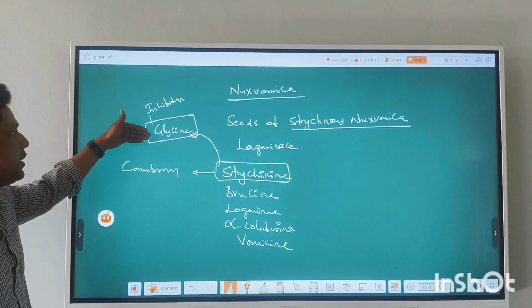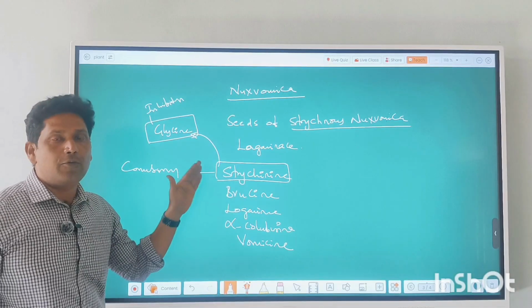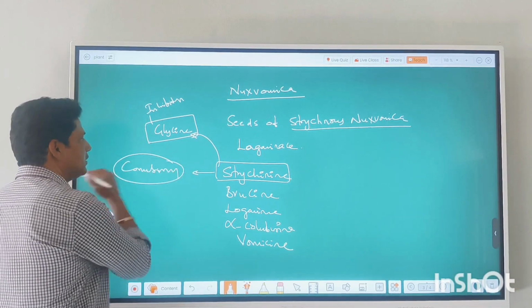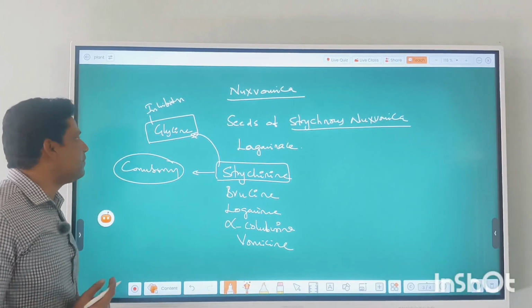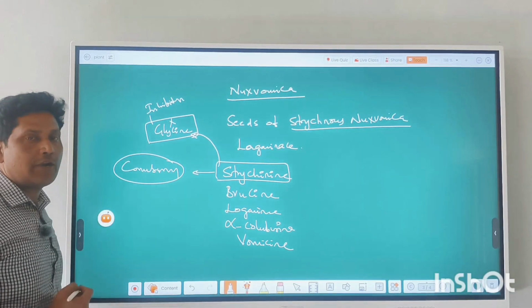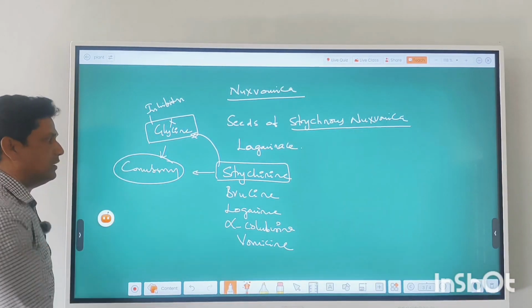This inhibitory neurotransmitter action is inhibited by strychnine and produces excitatory action. This leads to convulsions. So strychnine acts like a CNS stimulant because it antagonizes the action of the inhibitory neurotransmitter glycine, and produces convulsions.